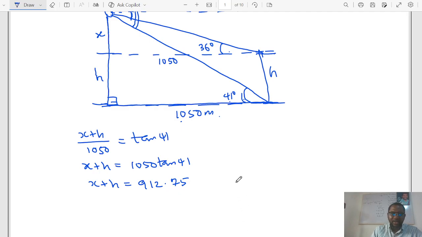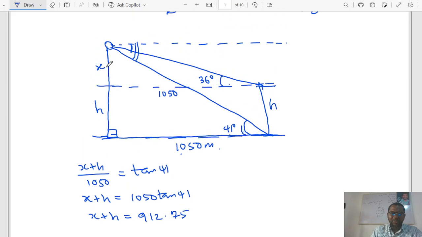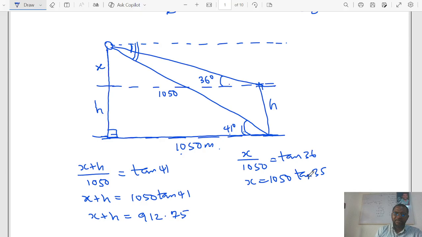So we continue with the smaller right angle triangle, which is this. You can see that x is the opposite and 1050 is the adjacent. So I'm going to say x over 1050 is equal to tan 36 in this case. So that means x is going to be equal to 1050 tan 36, right?